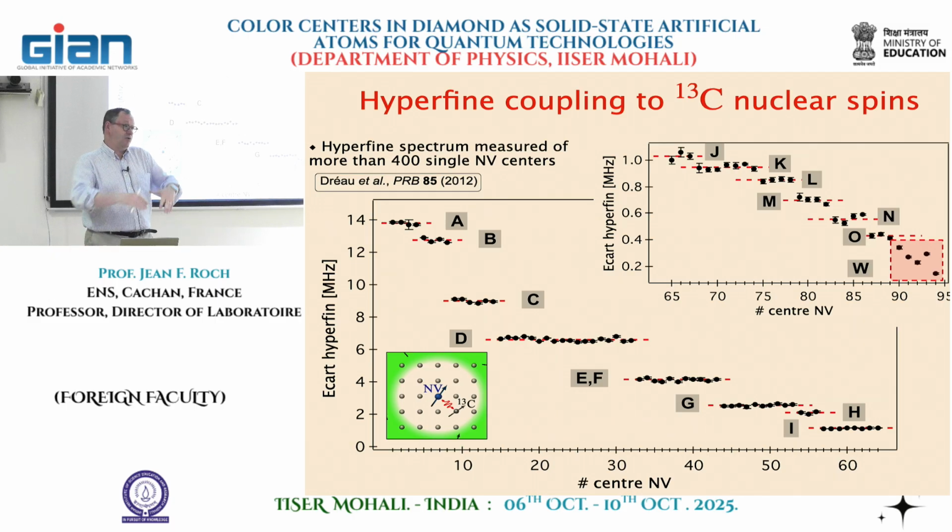And now, after that, it's a bath, okay? The message here is that there's really a lot of things that can be done by addressing all these multiple nuclear spins. But for that, you need something more.